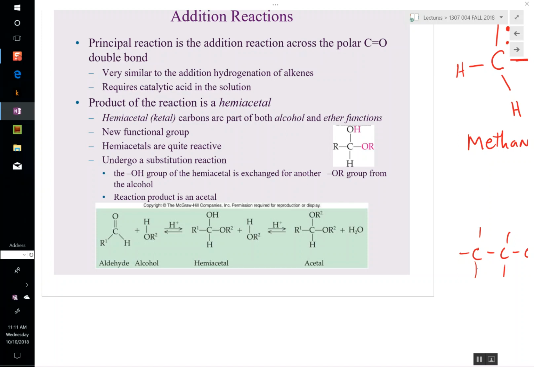And what you'll see in a moment here is that you could react an alcohol with a ketone, but you get a hemiketal. So ketones can undergo this kind of reaction too, but they're referred to as hemiketals. You can see it right up there. Hemiacetal or hemiketal, depending upon whether it's reacting with an aldehyde or a ketone.